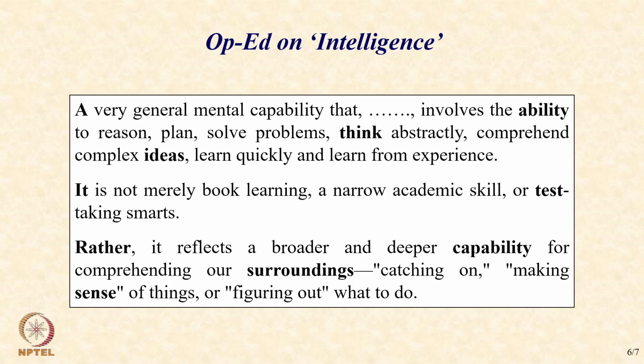Even the 9 different intelligences that we have seen may not be in a position to capture everything that finally it comes down to, like catching on, making sense of things or figuring out what to do.